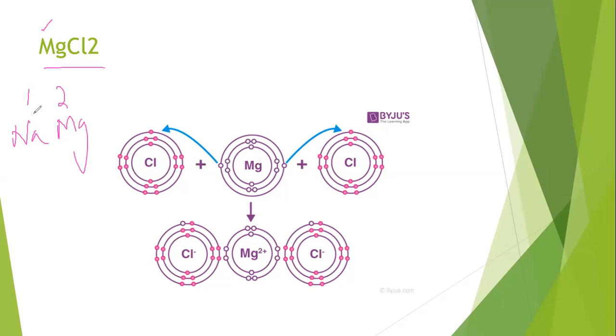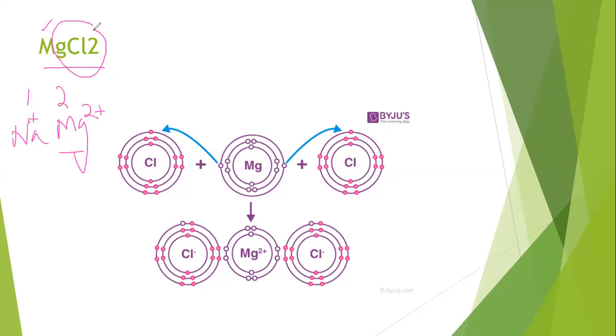That's why sodium, having 1 electron in its outermost shell, loses just 1 electron and becomes positive 1. Magnesium has 2 electrons in its outermost shell. So if magnesium wants to complete its octet, to attain the electronic configuration of noble gases, it has to lose 2 electrons and become 2 plus.